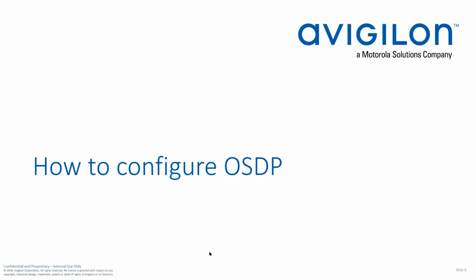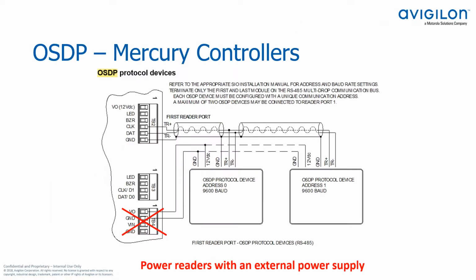So how do you configure OSDP? I'm going to spend a little bit of time on this slide. Found this on the internet. You will see this slide all over the place. If you look for OSDP wiring with a Mercury controller, you most likely will come across this. And this presents a problem.